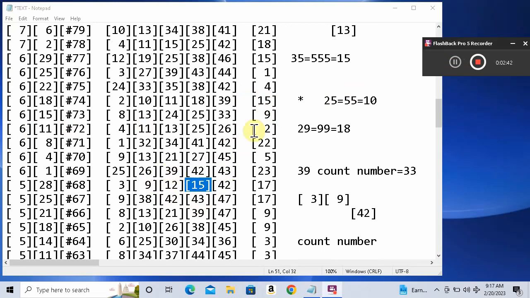Now the 39 happens to be the neighbor right here. See that? If you go to this number here, you have a 39 also, right? This number right here is 39, and the distance between this 39 and this 39 right here happens to be 42. So these numbers adjacent here are the count numbers to these repeats here.